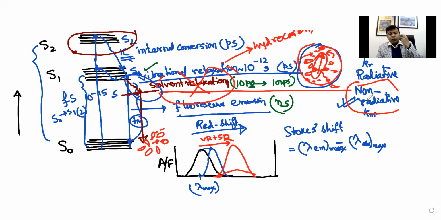So the first step of fluorescence, of course, is absorption of photons. I've not discussed absorption in so much detail, assuming that all of you have studied absorption at some point, and you know absorbance.